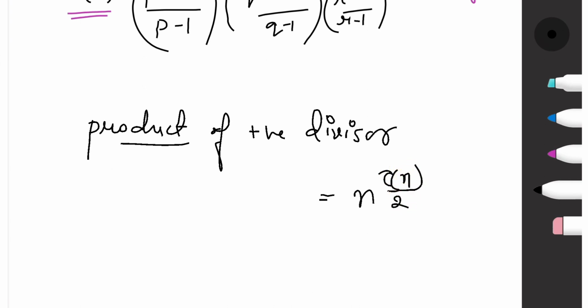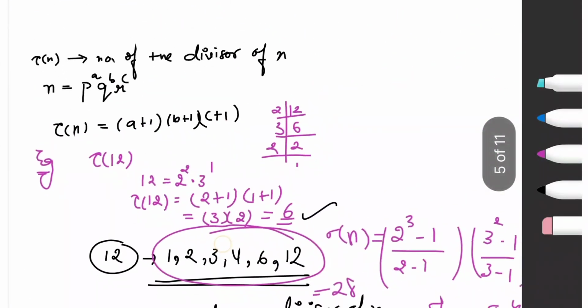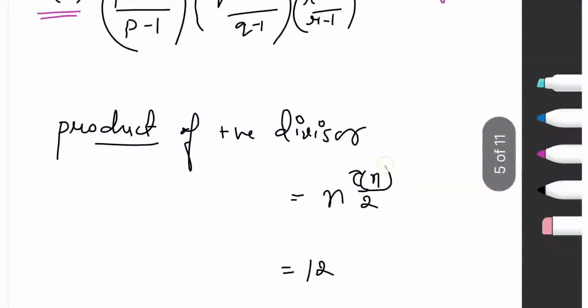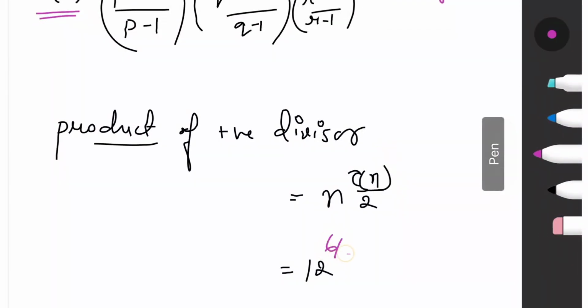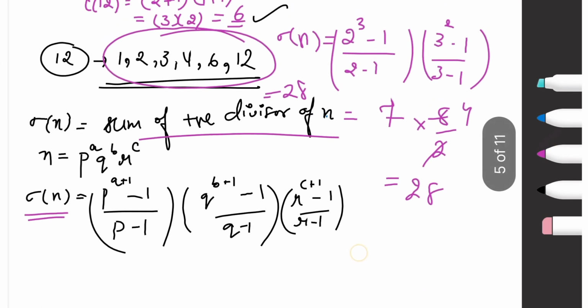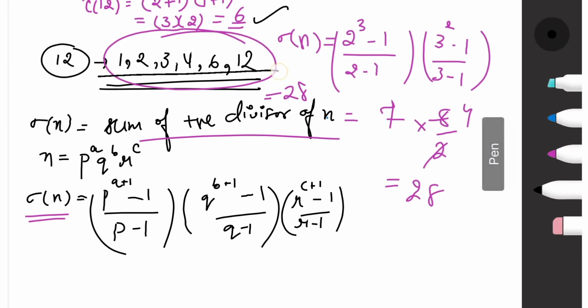Suppose we are finding the product of positive divisors of 12, then 12 to the power tau n by 2, that was 6 by 2, that is 12 to the power 3, which equals 1728. So if we find the product of these positive divisors, we will get 1728.